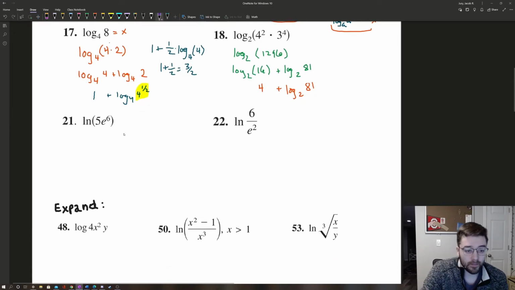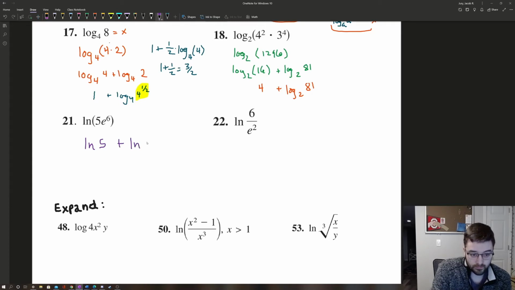Now, for 21, we have natural log that can be split up using the sum property, or the multiplication property. And now we see the power in the argument becoming multiplication on a logarithm.